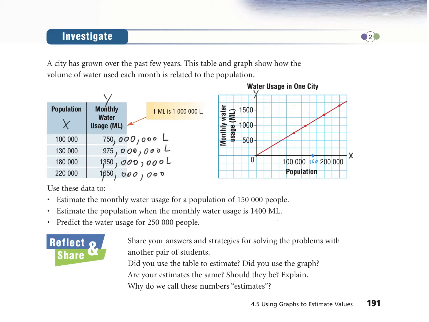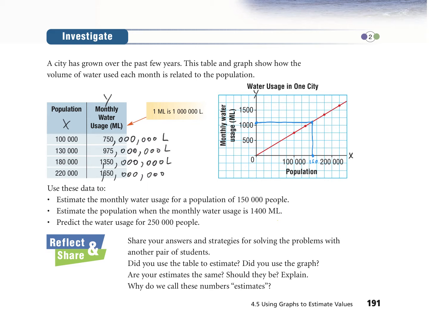And if I want to figure out, now that I know where the 150 is on my population, I want to figure out how much water usage over in this column I'm going to need. So what I can do is I can draw a line straight up to my line here. Once I intersect the red line, I can then go horizontally straight across right to here, and we can see that that is going to be a little bit above 1,000.